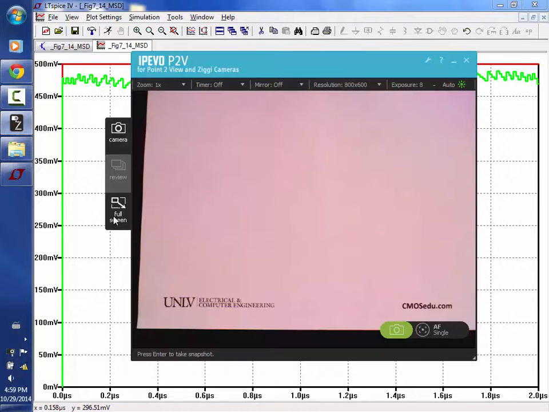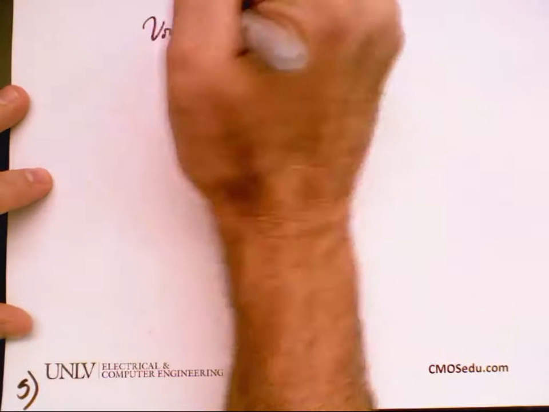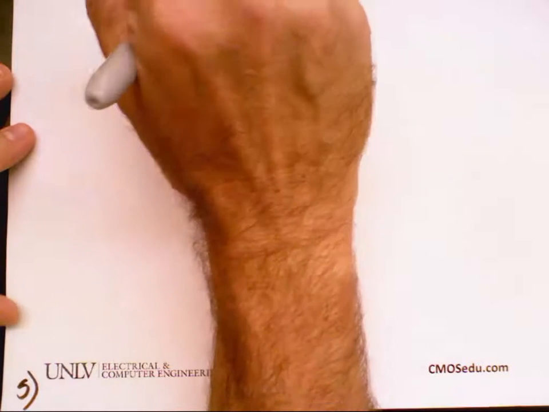Before we show you, let's write it. The output is going to look like this. V out, whatever, what did I use in the book?